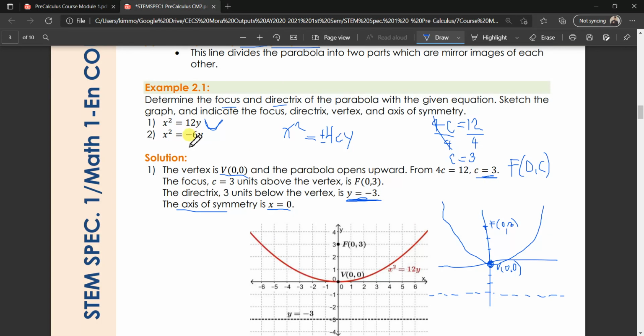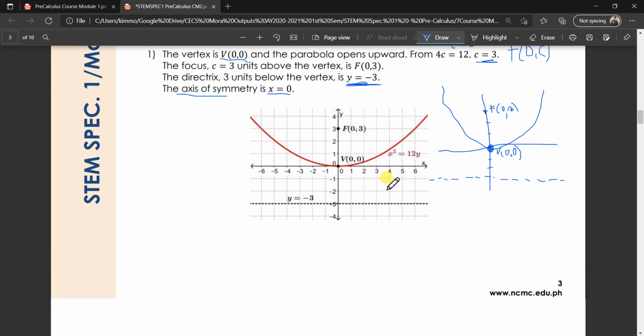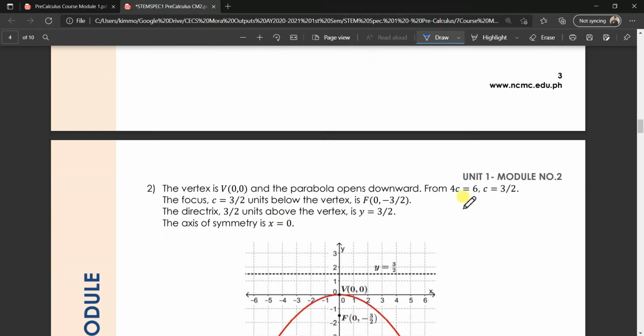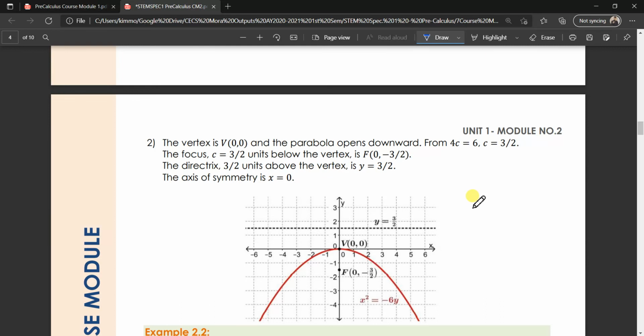number 2 is different because it has a negative sign, and 4c is equated to 6. So, the same, our vertex is located at (0, 0). Then the parabola is opening downward because of the negative sign. Then we equate 4c to 6. So we just divide by 4.